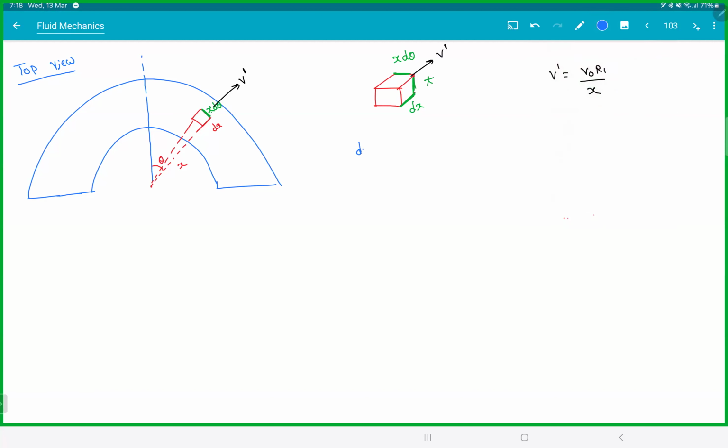So mass of this piece will be density times r d theta, thickness dx. So momentum of this small piece will be dm into v dash, sine theta i cap plus cos theta j cap.